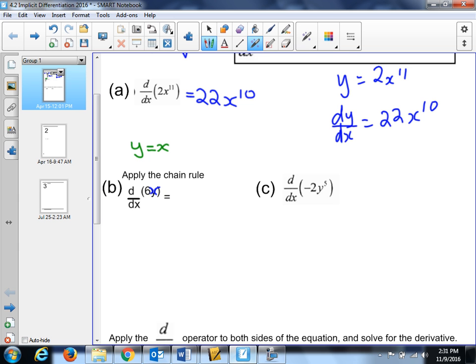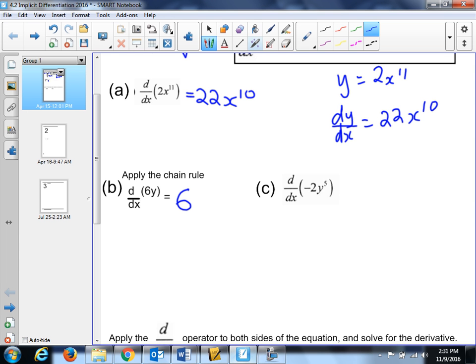Okay. We don't know what this y expression is, though. If it's a function of x, we'd have to take care of it. So what I'm going to do is say the derivative is 6 times, because that 6 is out in front, times whatever the derivative of the y expression would be. Does that make sense?